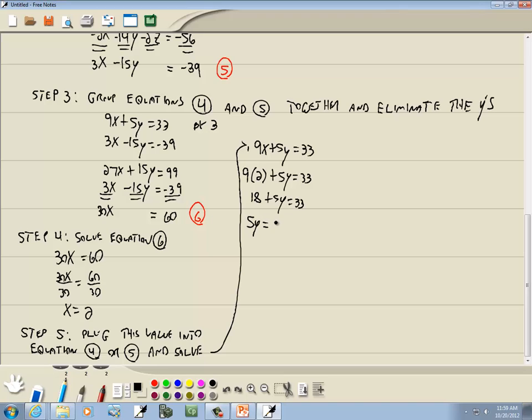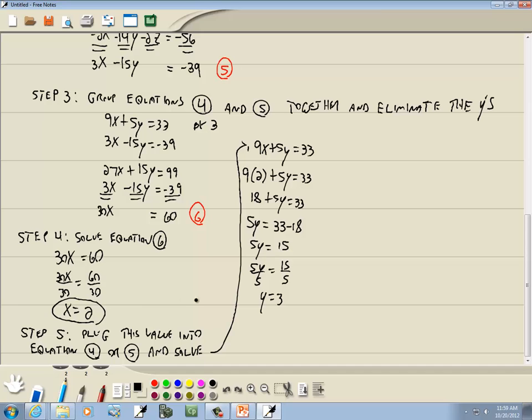Take the 18 to the right side. We got 33 minus 18, which gives us 15. Divide both sides by 5, and we get y is equal to 3.